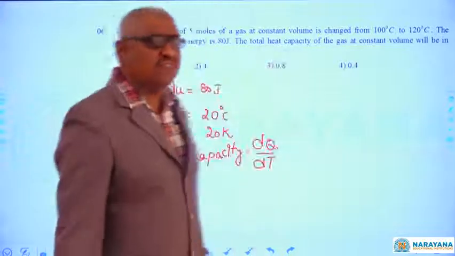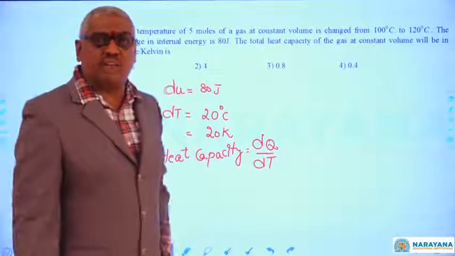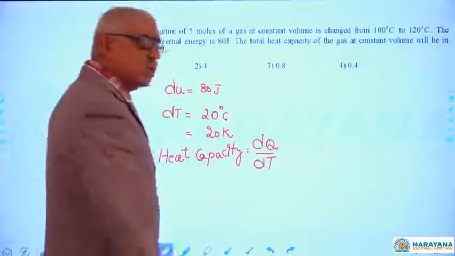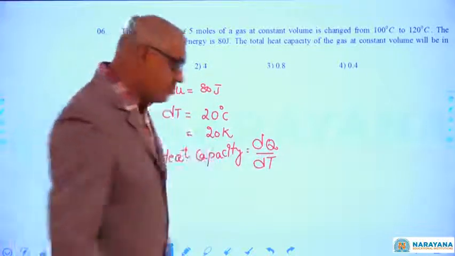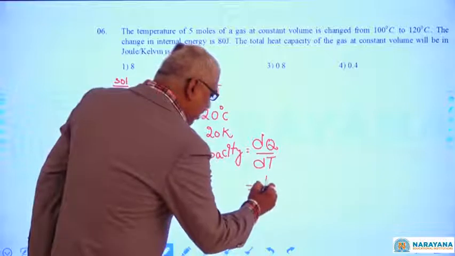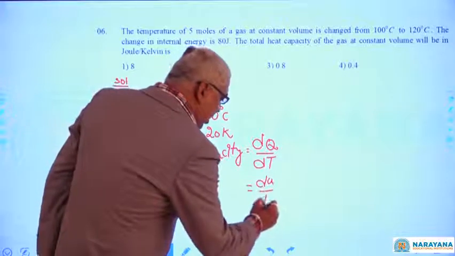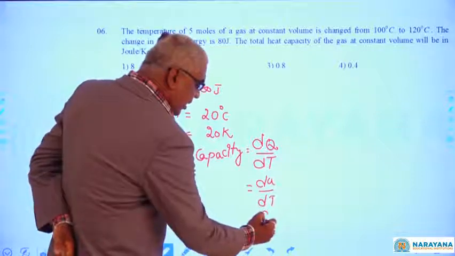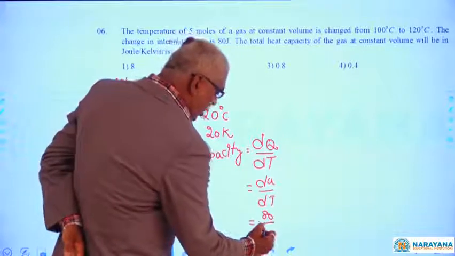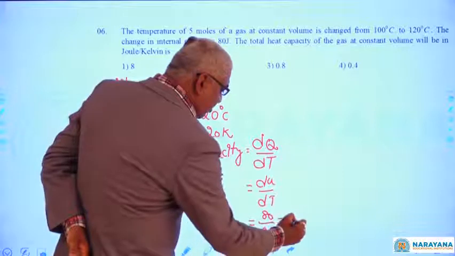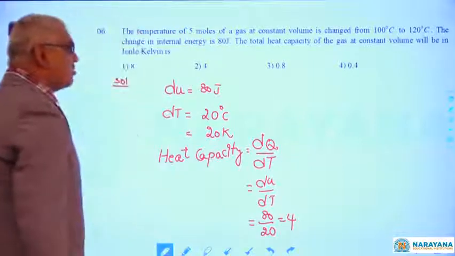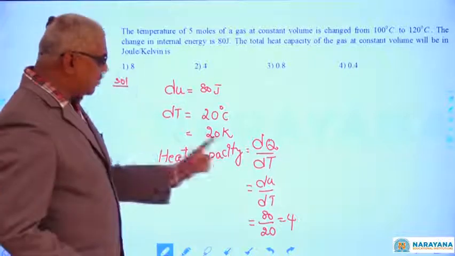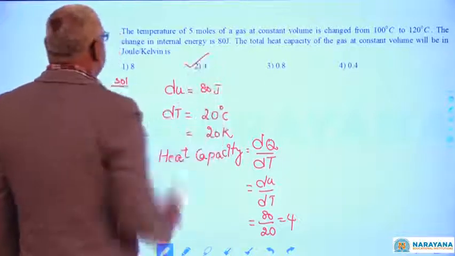Because volume is constant, external work done is 0, so dQ will be equal to dU itself. So it is dU by dT, and dU by dT is 80 by 20, which is 4. So heat capacity is 4 joule per Kelvin, which is your second option.